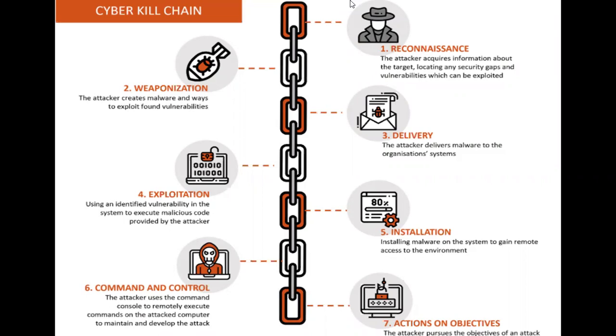It's not a different phase altogether, but they work hand in hand, because it is during the process of installing the malicious software that the code you attach to that software will exploit the vulnerability. Why they separate it here is to show us how important it is to ensure that the malicious code we create is able to exploit the vulnerability. I don't know if you get my point.